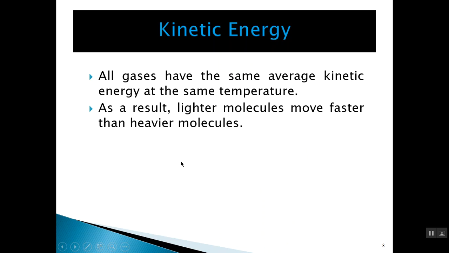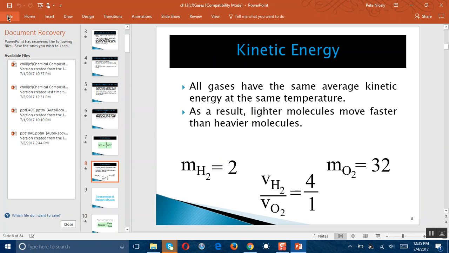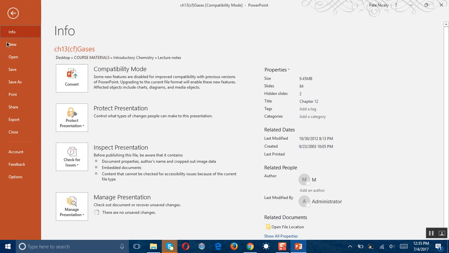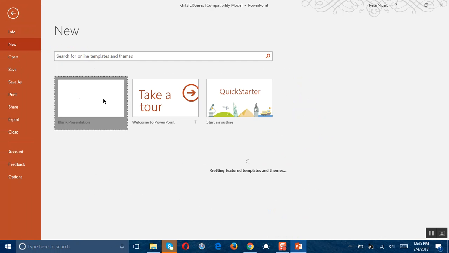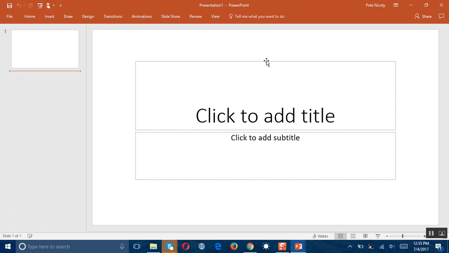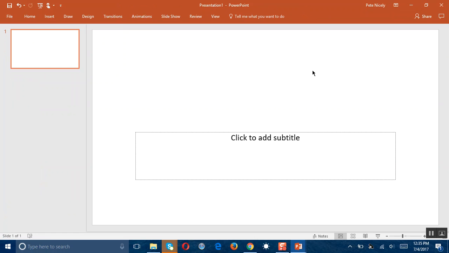So as a result of that, and based on the equation I just showed you, what you'll find is that lighter molecules will move faster than heavier molecules. And if you take, for example, comparing the hydrogen molecule, which has a mass of approximately 2 AMU, to that of oxygen, which has a mass of approximately 32 AMU, let me open up a PowerPoint page here and show you something to illustrate what's happening.